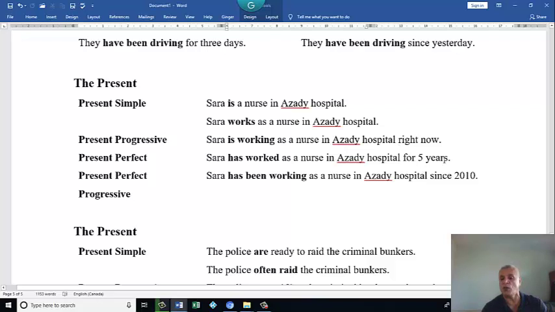Then for 5 years, I don't know when it started or when it will end, but I know the total of the years she has worked there. When we make the present perfect progressive, we say Sarah has been working as a nurse in Azadi Hospital since 2010.